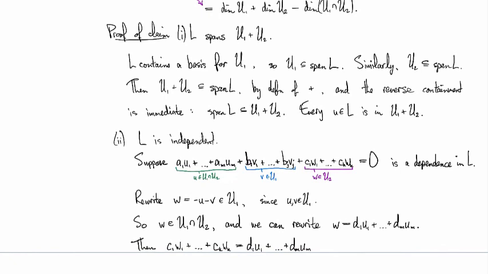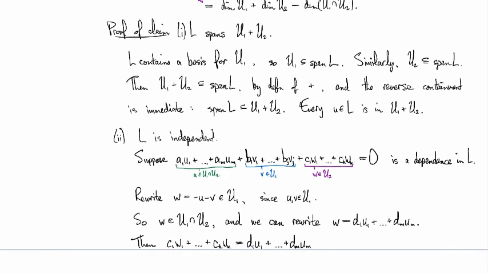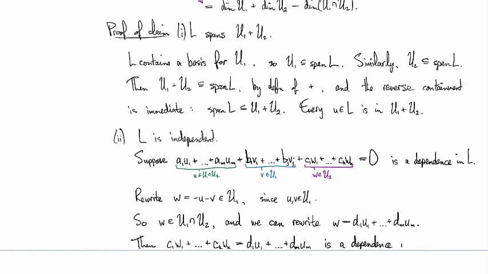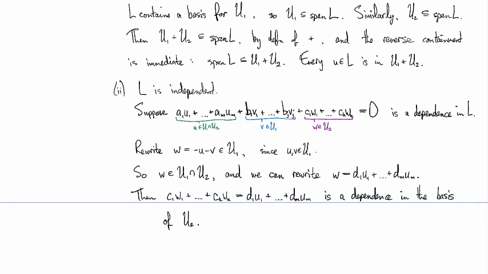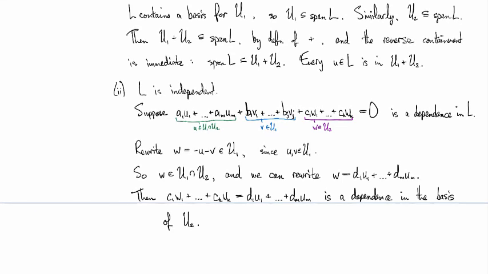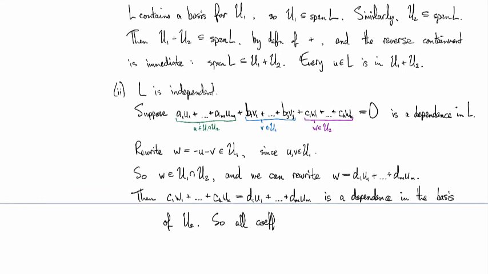But the u's and the w's form a basis for U2. So this is a dependence relation in the basis of U2. And since bases are linearly independent, the only way you can have a dependence relation is if all the coefficients are 0. So all coefficients vanish.